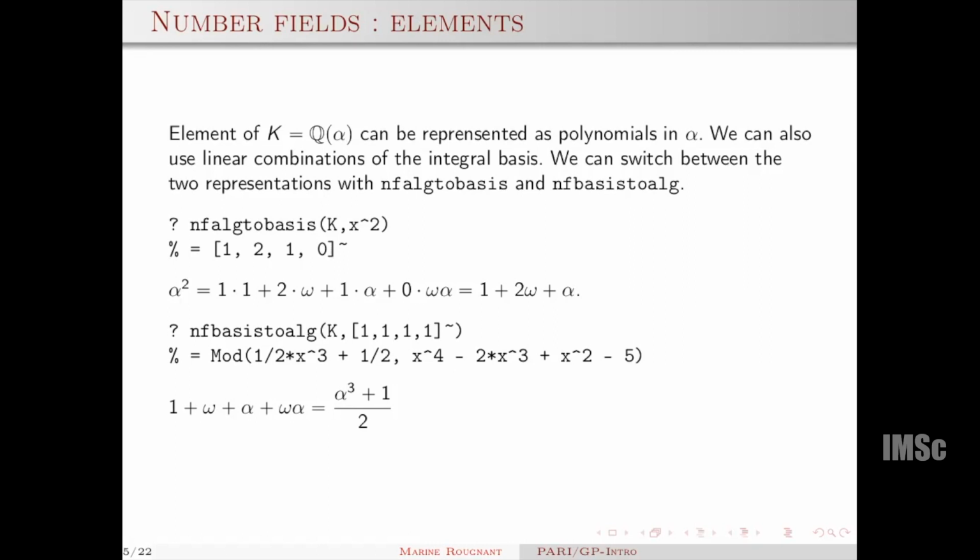This is a linear combination of your integral basis. You can switch from one to the other with nfalgtobasis and nfbasistoalg. So you give an algebraic representation, for example x squared, here alpha squared, and it will give you its coefficients in the basis, or you give the coefficients on the integral basis, and it will give you the polynomial in alpha. Okay, so you can go from one to the other depending on which one you prefer.